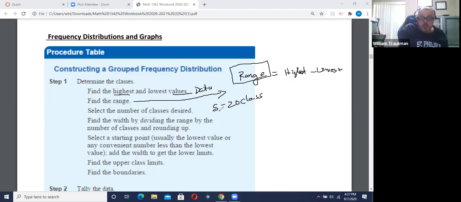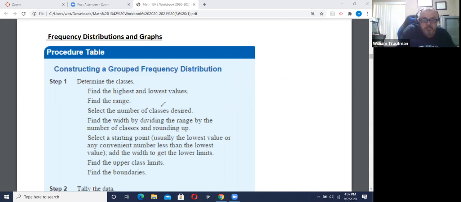If not, you have to pick a number between 5 and 20, as far as where you don't want the data spread too far. If you only have like 10 numbers, you want to maybe have 5 or 6 classes. If you have 1,000 numbers, you want to have more classes because the data will fit in there better. Or it'll look better when it fits in there.